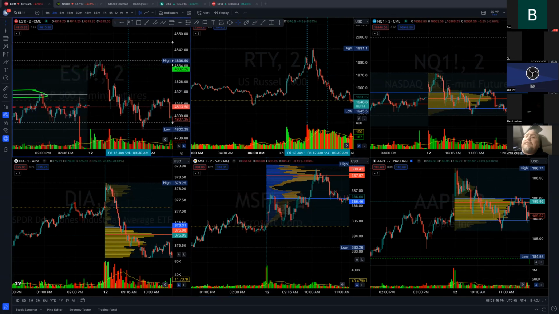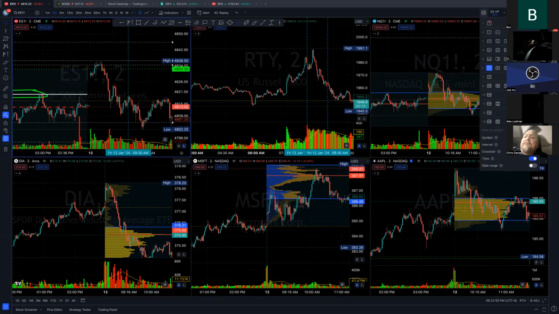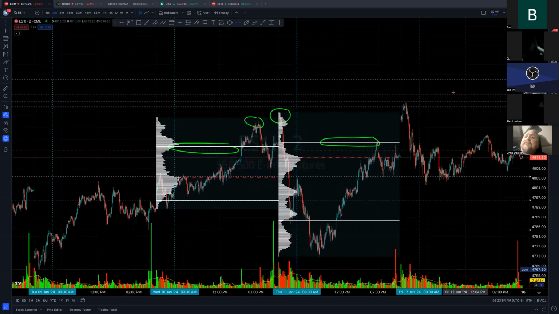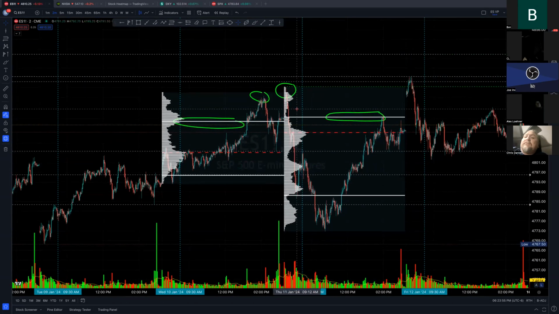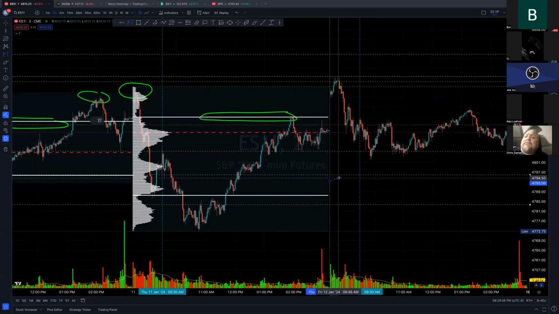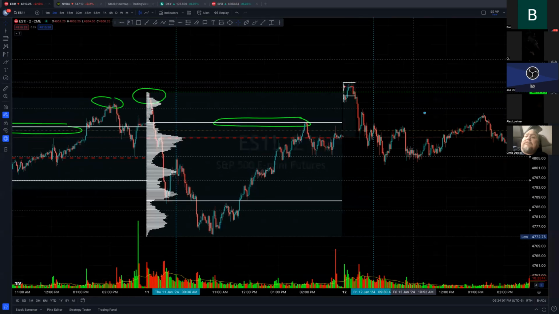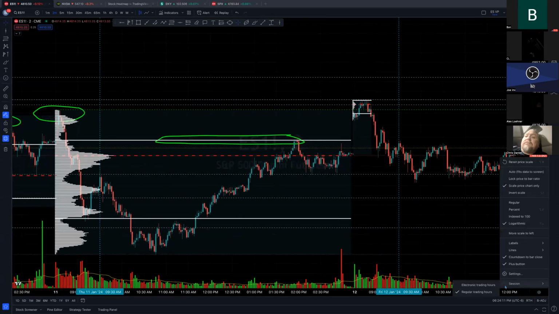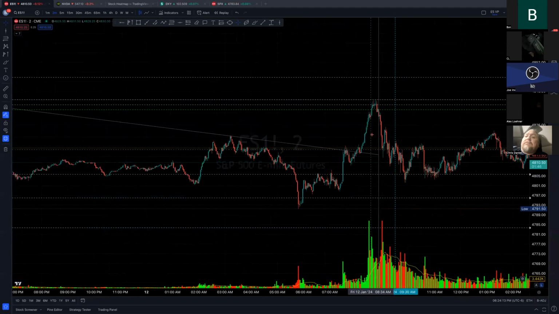Okay. And now let me go over the initial balance. So guys, here we had initial balance close down here. Oh, I'm sorry, I forgot to mention one more thing, volume profiles here. Almost forgot that one. So we had the volume profiles. I'm actually going to use the electronic trading hours.